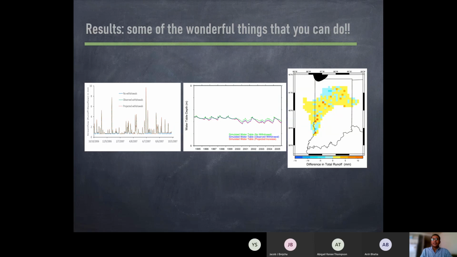So in some of the areas in the river basin that we are situated in, that's the Wabash River Basin, in this watershed the total runoff difference would be there if we continue to withdraw water at the same rate as we are doing. So this is just showing you some examples of what we can do with the output of these models.